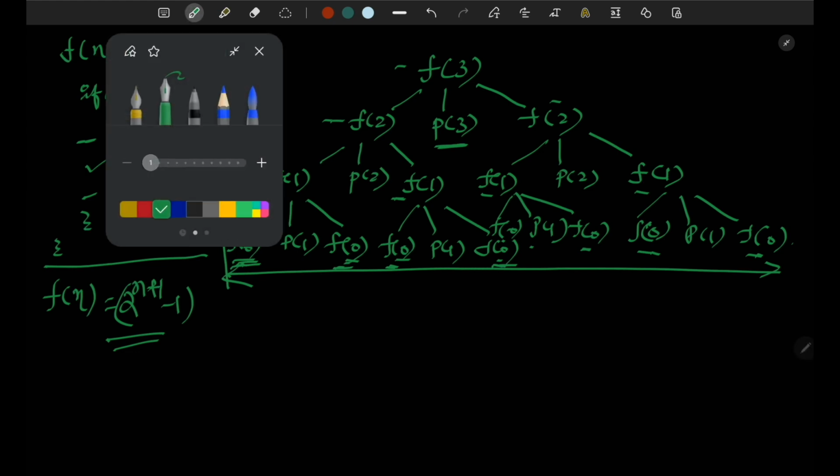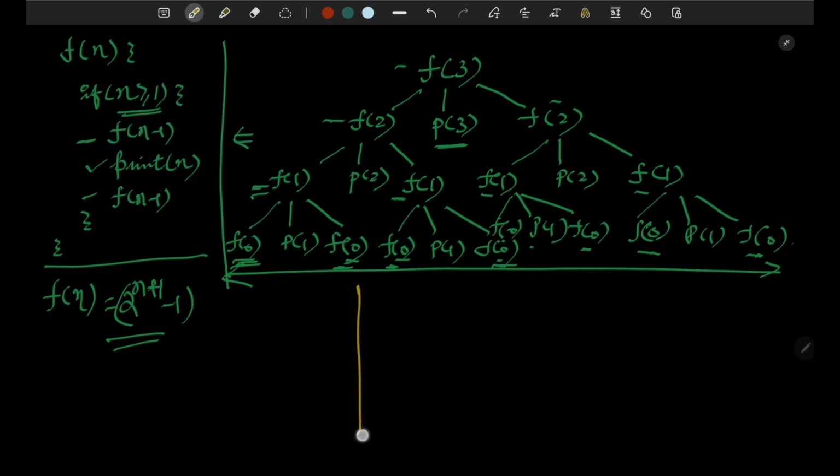So let me change the color here and let's create a stack, and we will follow the same recursion tree traversal approach that we did in the previous problem. So we come to F3, we push to the stack, we come to F2, we push to the stack, we come to F1, we push to the stack, we come to F0, we push to the stack.